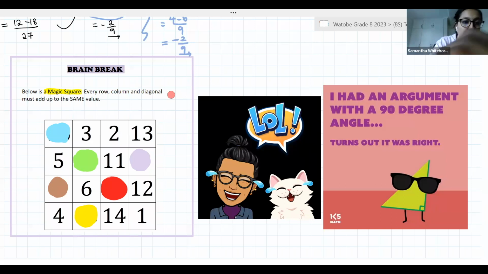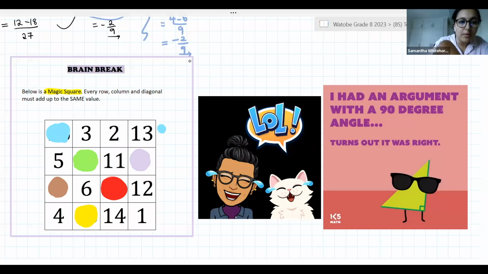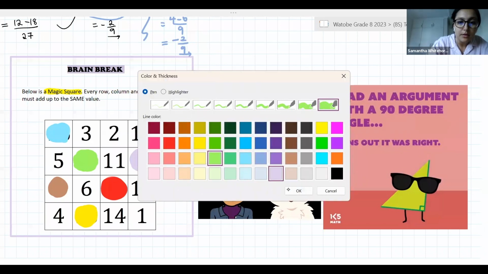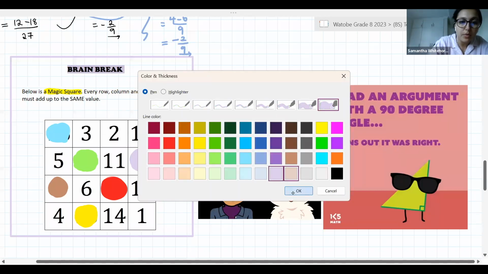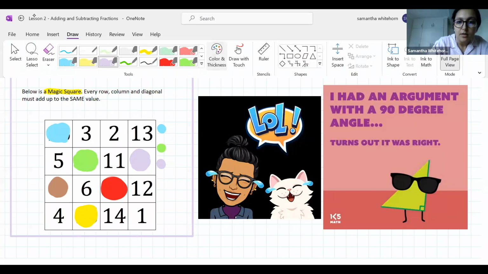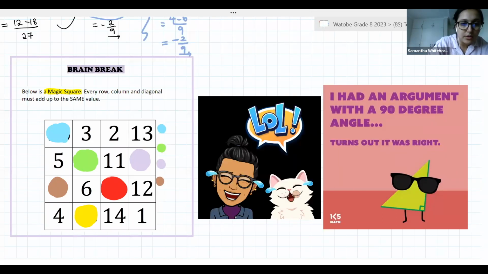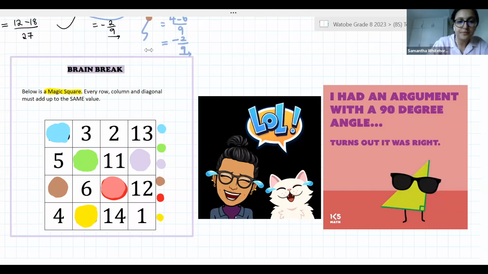Here's my blue circle, a green circle, a purple circle, a brown circle, the red circle, and the yellow circle. So we want the values of all of those circles.